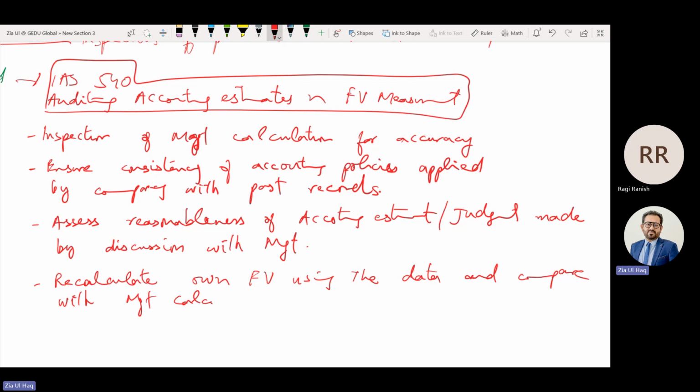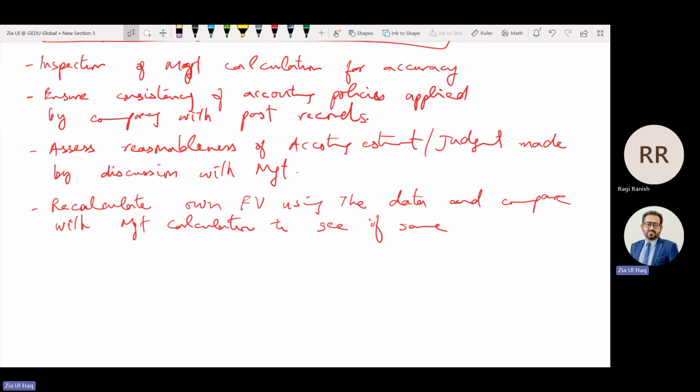We compare with management calculation to see if it is the same. If not, obviously we will investigate the differences. And in recalculation of fair value, if we need to use an expert, we will consult an independent expert as well. So engage an independent expert in fair value calculation if required.